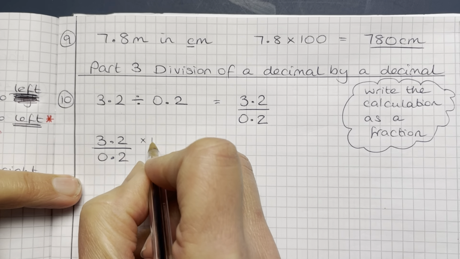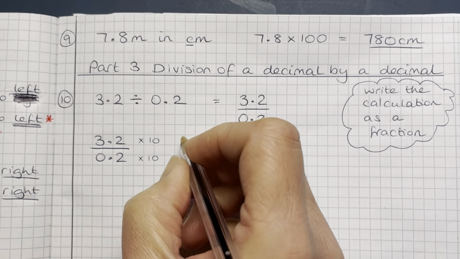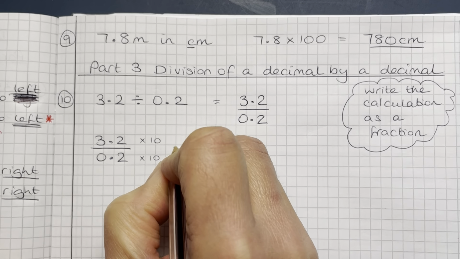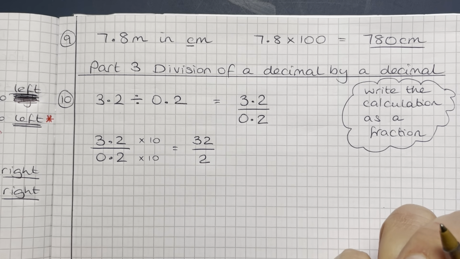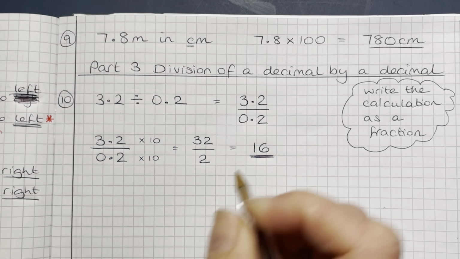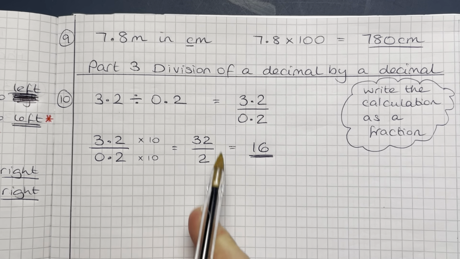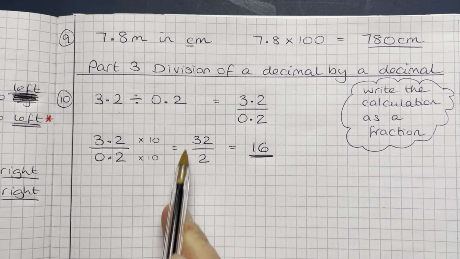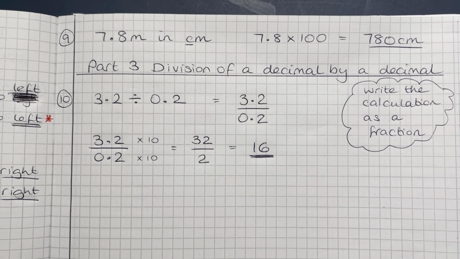If I use my equivalent fractions and I multiply my numerator and my denominator by 10, I'm going to get 32 over 2. So suddenly, a calculation that seems quite difficult and certainly not intuitive, we turn it into something very simple. 32 divided by 2, or half of 32, being 16.